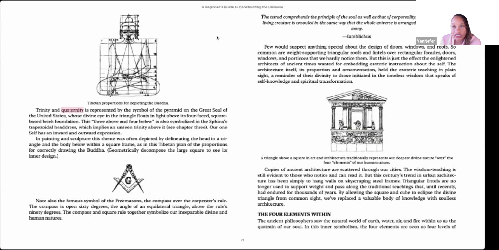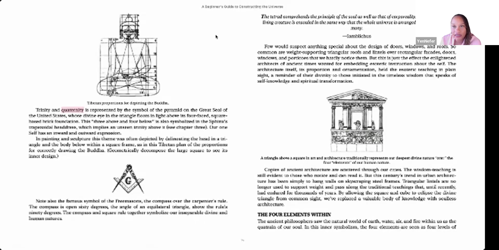The architecture itself, in proportion and ornamentation, held the esoteric teaching in plain sight, a reminder of their divinity to those initiated in the timeless wisdom that speaks of self-knowledge and spiritual transformation.